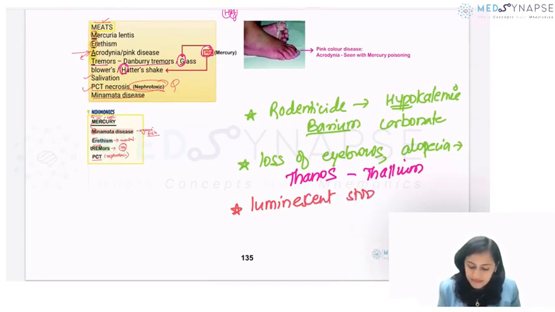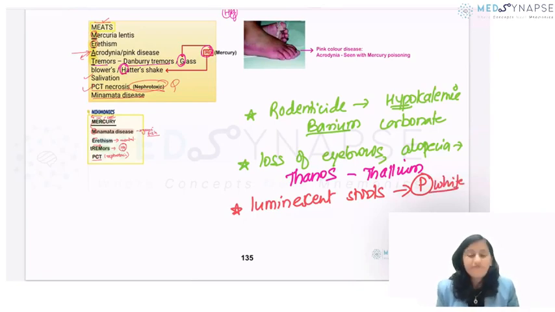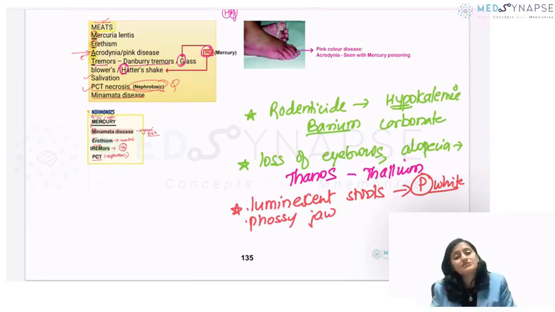Luminescent stools is seen with what? Very good. That is phosphorus. Which phosphorus is poisonous, red or white? It is white phosphorus. White phosphorus, luminescent stools, phossy jaw. Okay, remember the jaw bones are affected. Phossy jaw, luminescent stools is phosphorus. Okay, important.